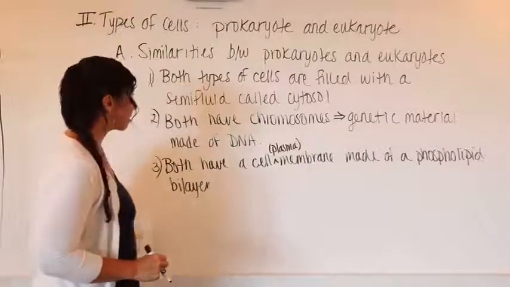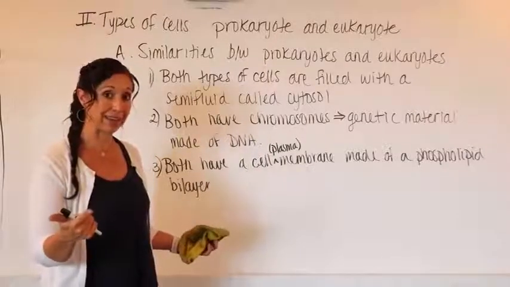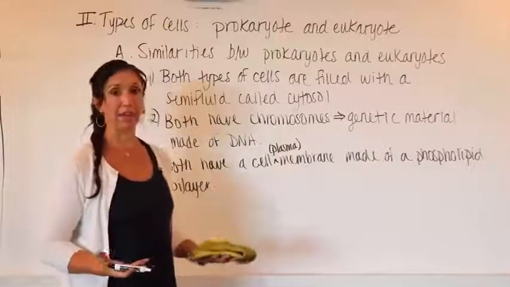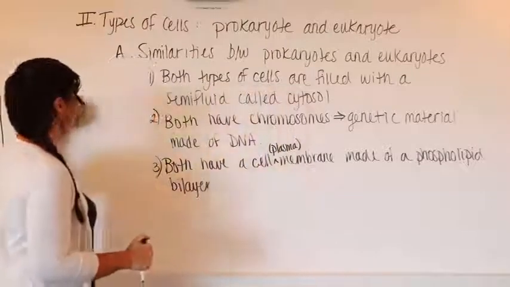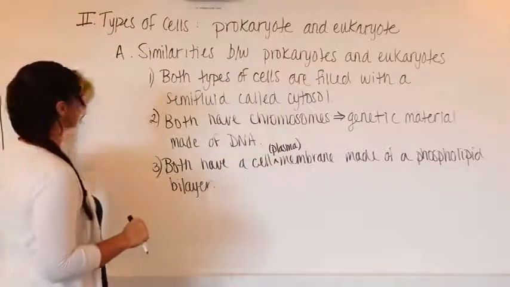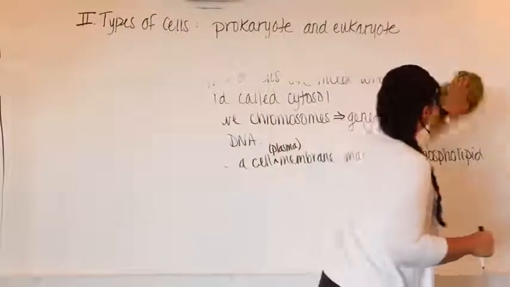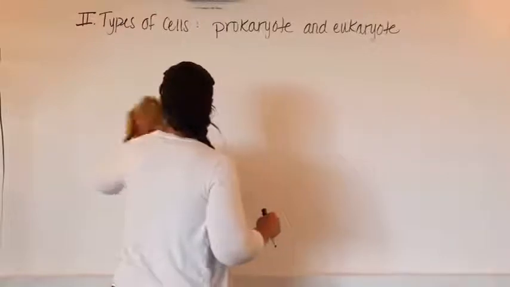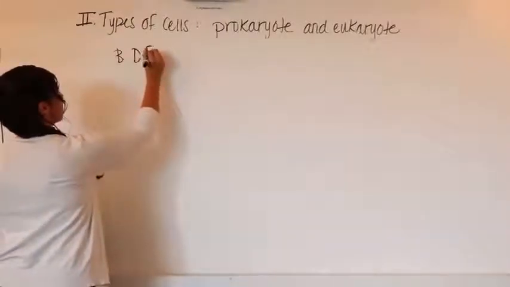All right, so those are the similarities. They both have cytosol, they both have chromosomes made of DNA, and they're all surrounded by a cell membrane that is made of a phospholipid bilayer. All right, so those are similarities. Let's do the differences. Here we go. Big B. The differences.